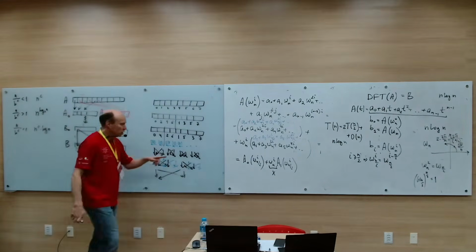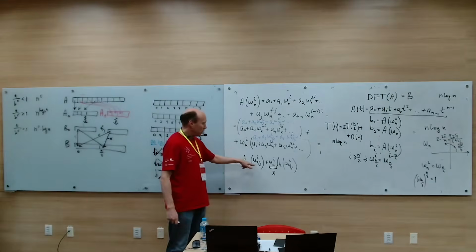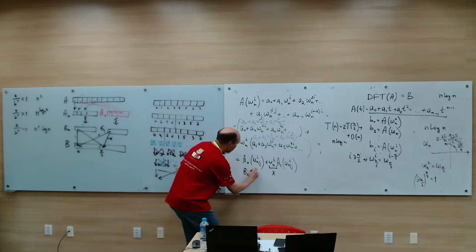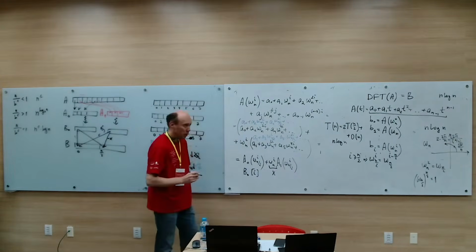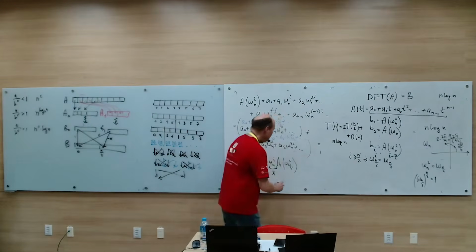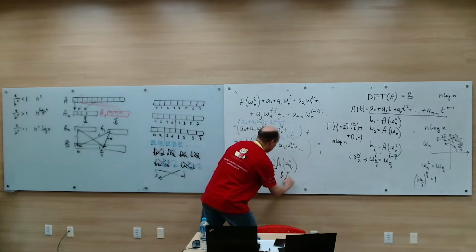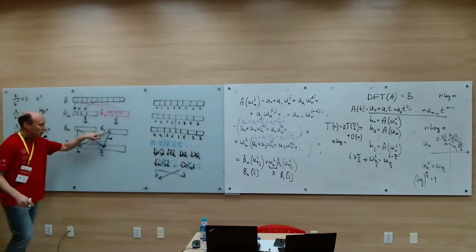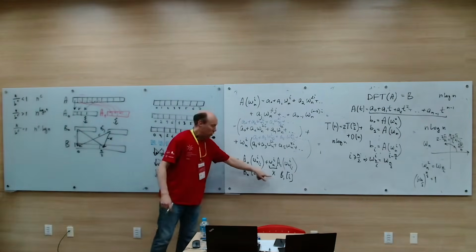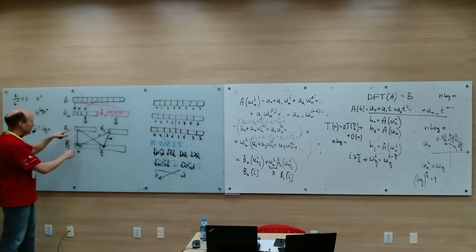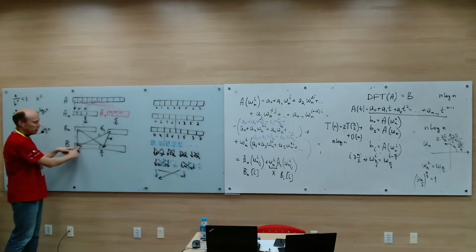So A0 of omega n divided by 2 to the index of I is exactly B0 of I. This is exactly in the notation, yeah? That is exactly B1 of I. So this is B0, this is B1. This one I denoted as X. And so we add B0 and B1 multiplied by X here.